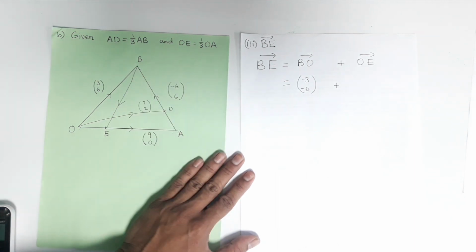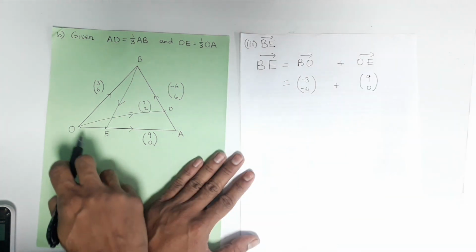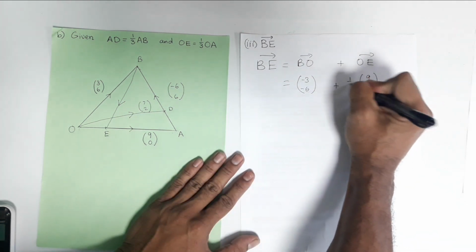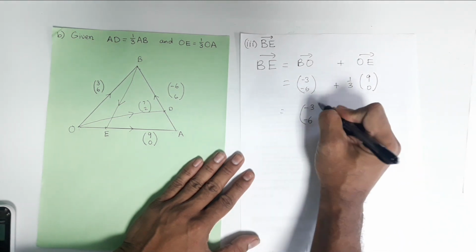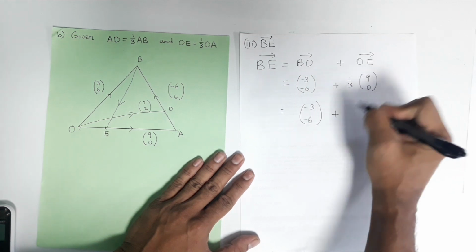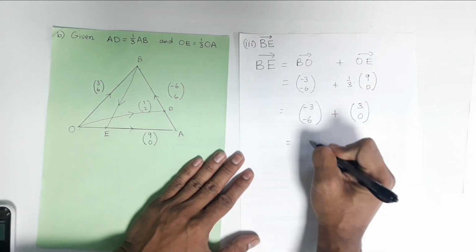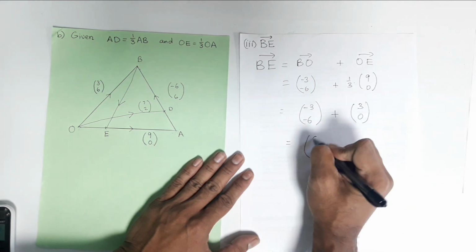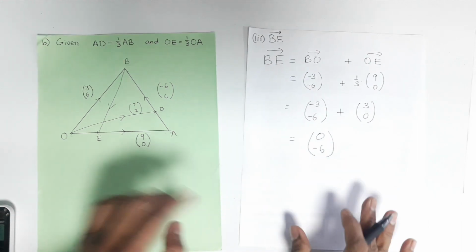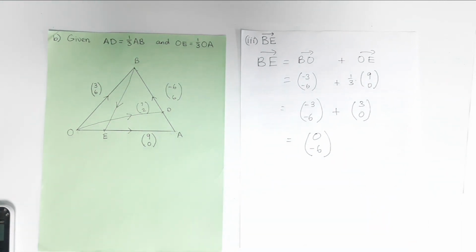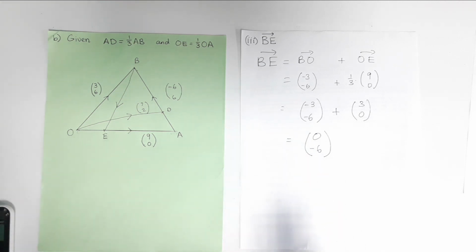Remember the examiner told us that? So the entire line is 9, 0, but O to E is only 1/3 of that value. So you have minus 3, minus 6, and 1/3 of 9 is 3, and 1/3 of 0 is 0. Minus 3 plus 3 is 0, minus 6 plus 0 is minus 6. Great. Okay? So that's the answer for the entire question 10, right?